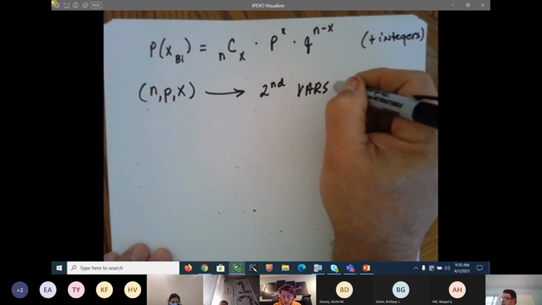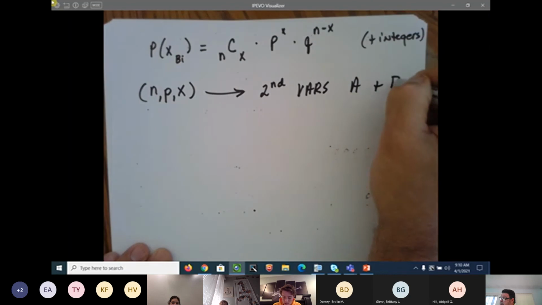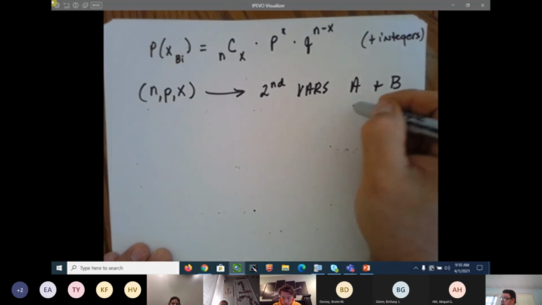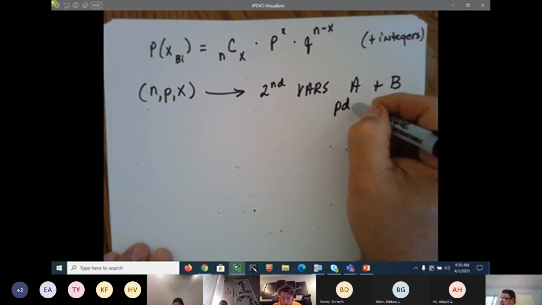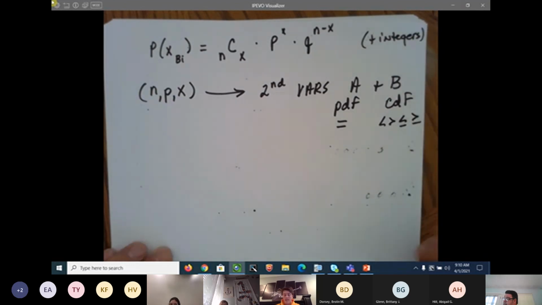Was it A and B? A and B. I think A is PDF, which is equal to, and cumulative is CDF, which means less than, greater than, less than or equal to, greater than or equal to.